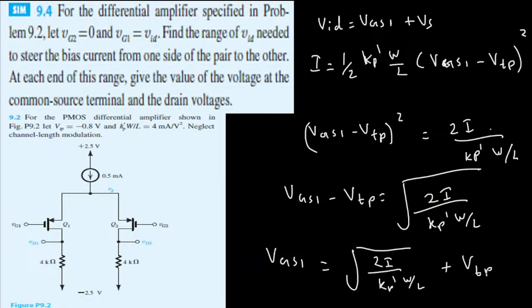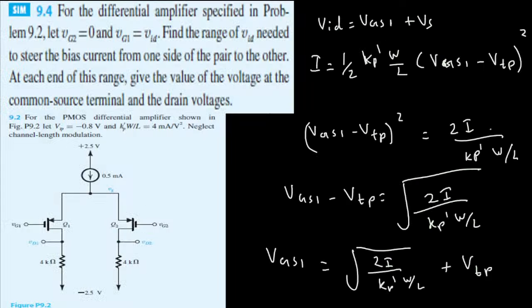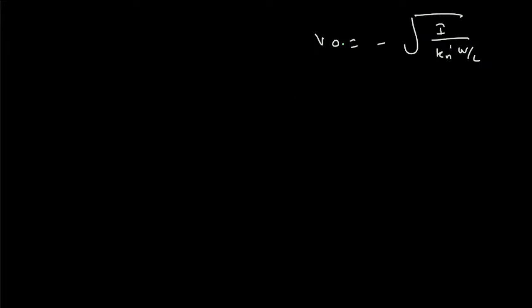And here we can do some adjustment to make it look a little bit better. If you look, there's an equation for the V overdrive that is given by this. V overdrive is equivalent to negative square root of I over Kn prime W over L. If I bring this pattern here, I can simplify this equation using VOV, this VOV right here.